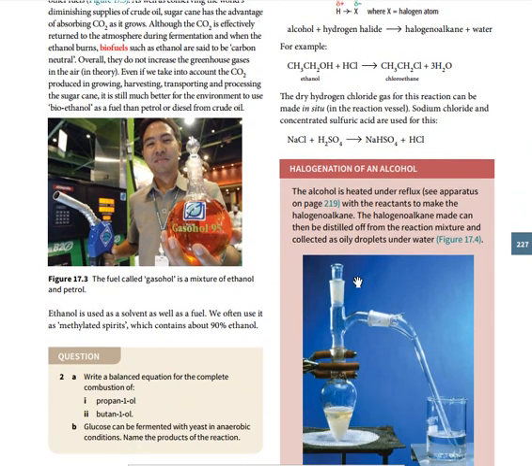Now let's visualize the reaction. In this reaction, the reagent is not actually hydrogen chloride. Ethanol is added with sodium chloride and sulfuric acid, and the hydrogen chloride is produced in situ. Dry hydrogen chloride gas is made in situ in the reaction vessel, from sodium chloride and concentrated sulfuric acid.